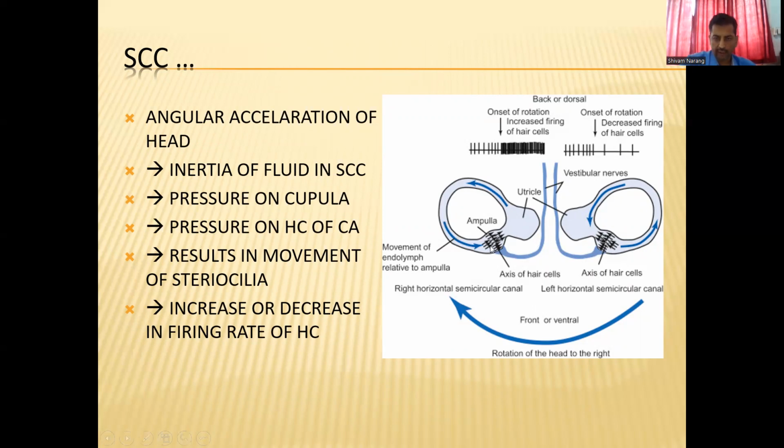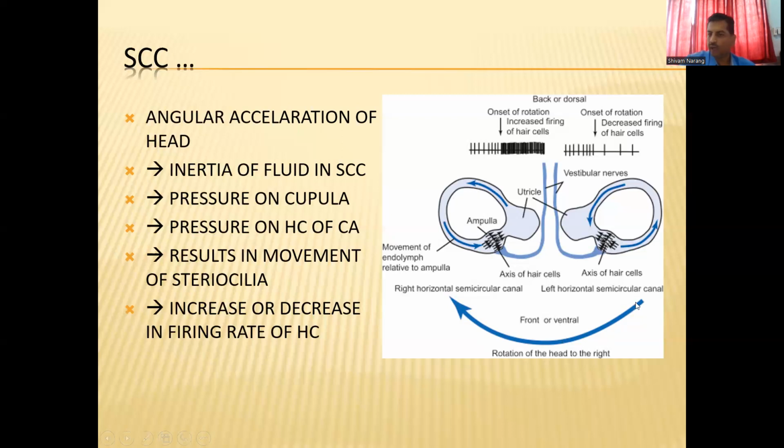On the anterior aspect there is a dilated part, the ampulla, and in between there is a cupula. The big arrow represents the movement of the head, and the small arrows inside the canal represent the movement of the endolymph.